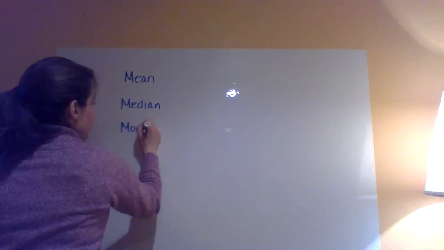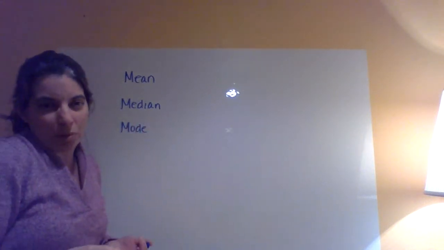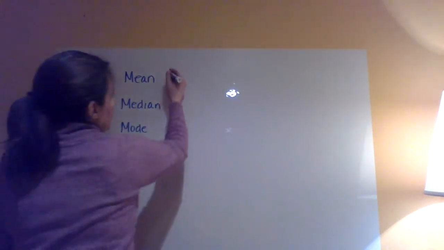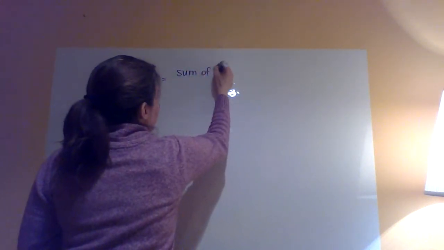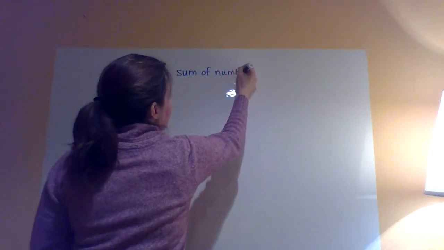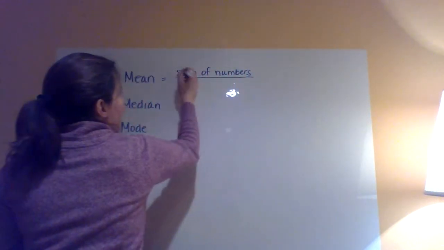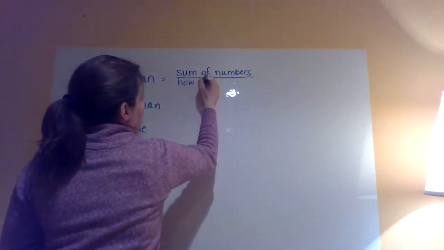Okay, so first we reviewed mean, median, and mode. Okay, so remember that mean is another word we often say average. So to find the mean, we take the sum of the numbers that we're given, or the data, and we divide by how many numbers there are.